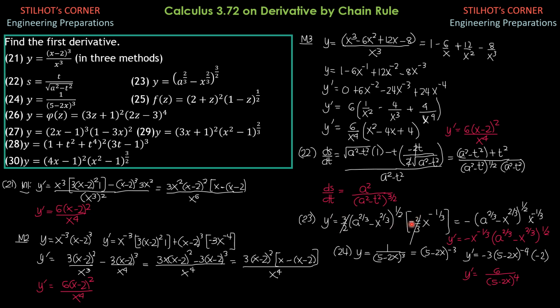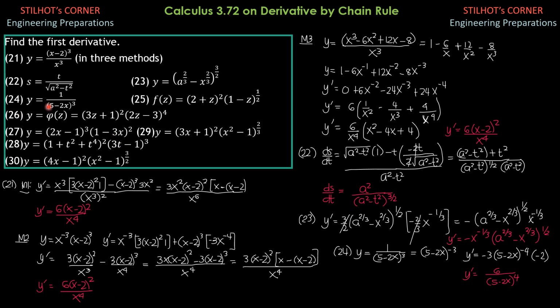So we have negative 1 here, negative 1 of quantity a to the 2/3 minus x to the 2/3 to the 1/2, then x to the negative 1/3. So y prime is negative x to the negative 1/3 times quantity a to the 2/3 minus x to the 2/3, then raised to 1/2.